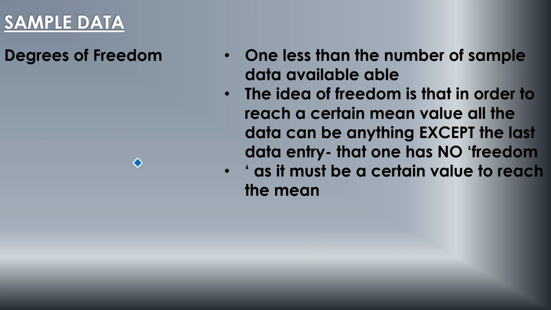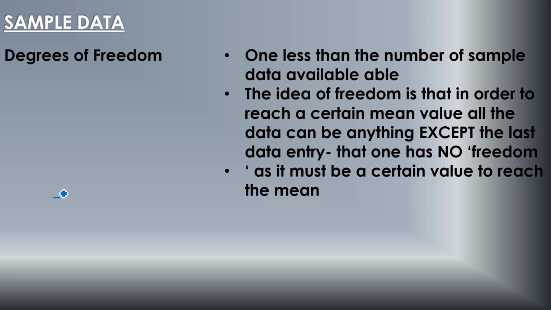As we move into testing, we're going to need to understand what degrees of freedom are. Now, degrees of freedom mean basically that as you have data, the last data has to be a certain number in order for you to get a certain mean.